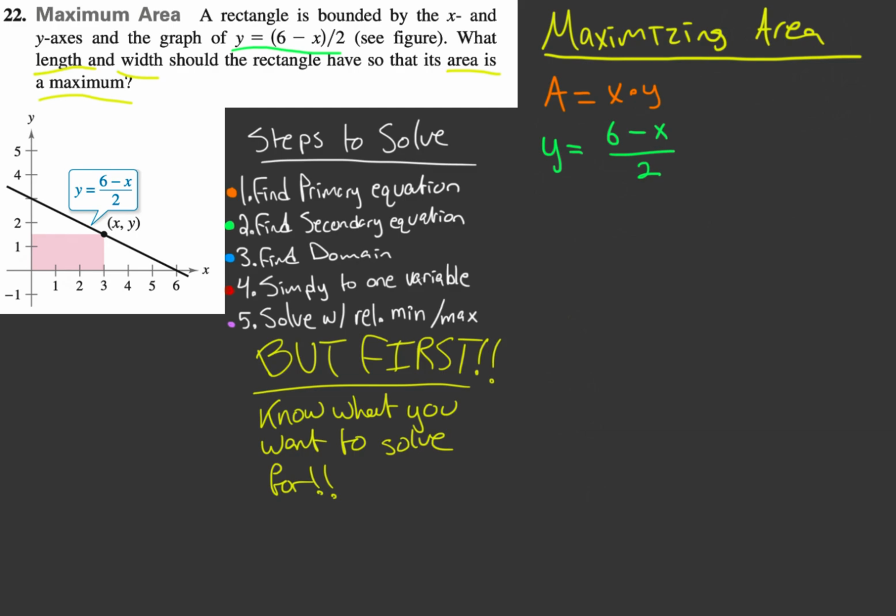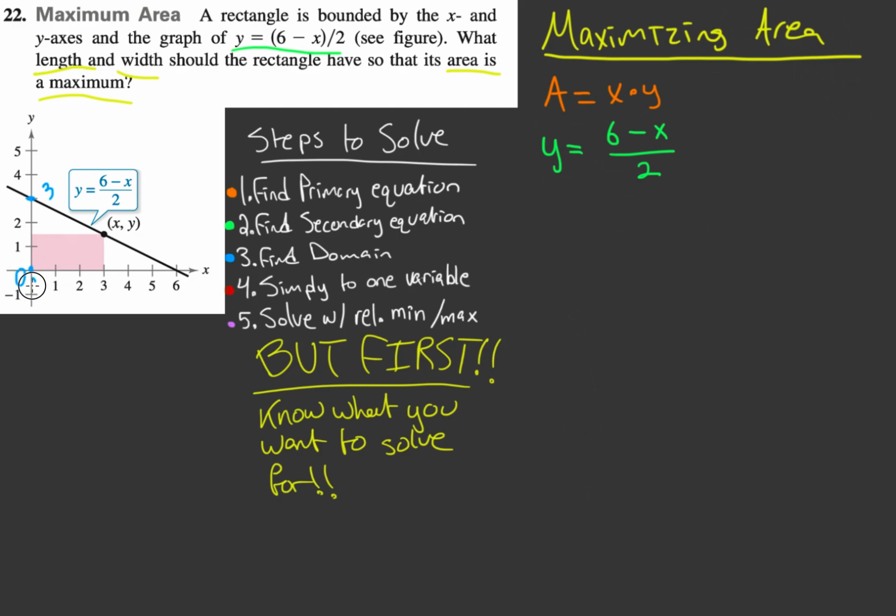Then we have to find the domain. How long can x be and how short can x be? We have the x-axis, the y-axis, and then this line right here. The highest y can be in this scenario is 3, and the lowest is 0.